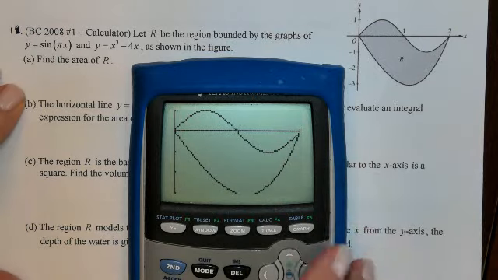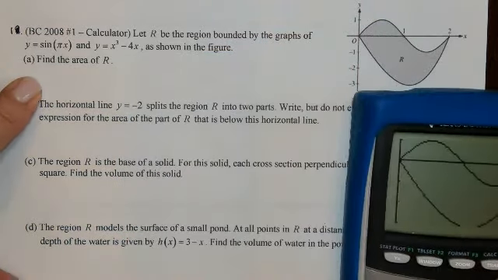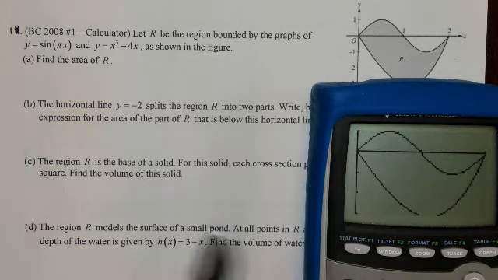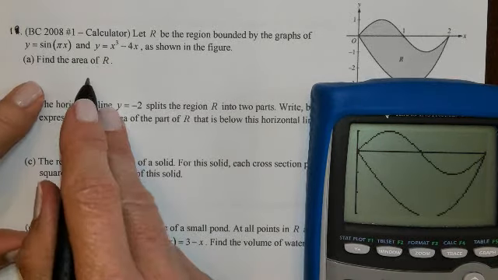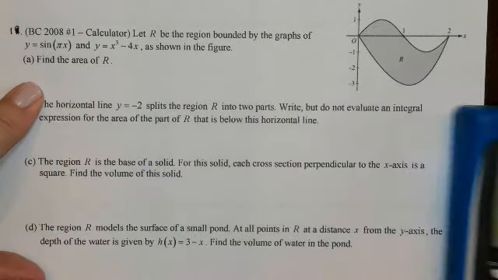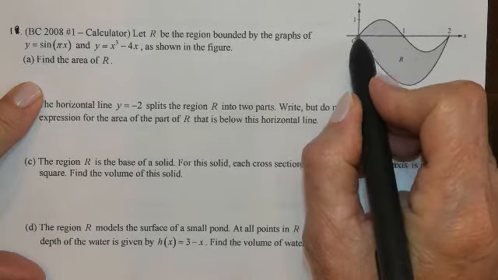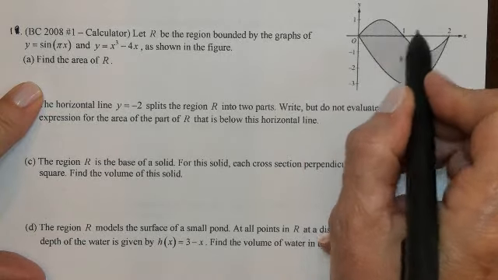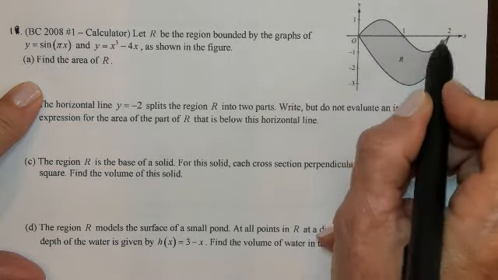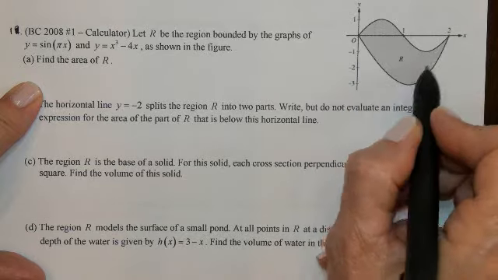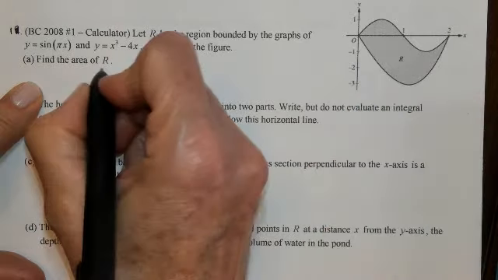All right, part A says to find the area of R. To find this area, we know how to find the area. It's an integral from 0 to 2. I can do from 0 to 2 because the same curve is always on top and the same curve is always on the bottom. So this is not too bad.